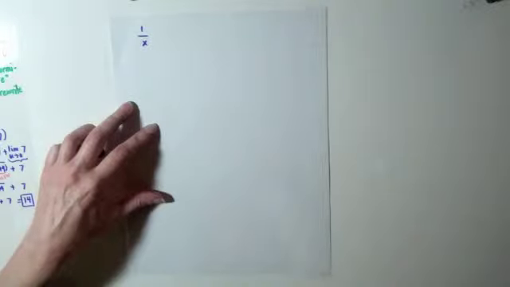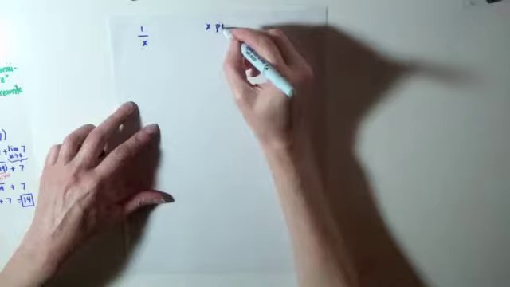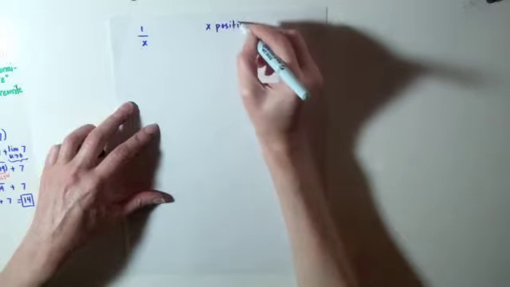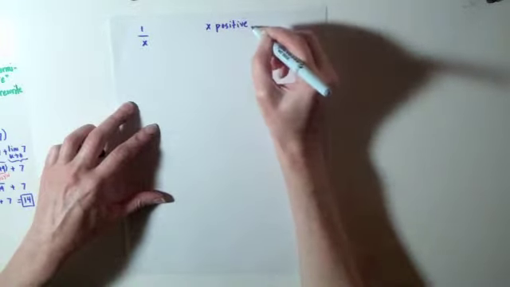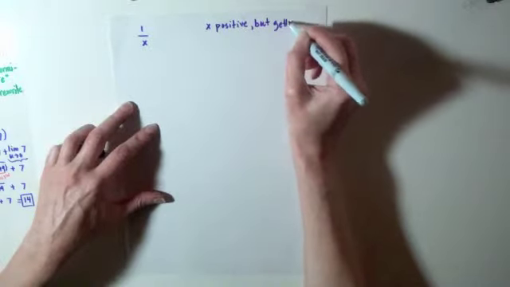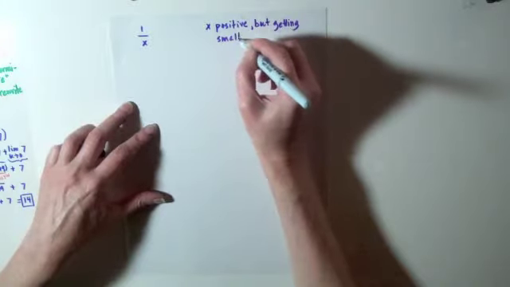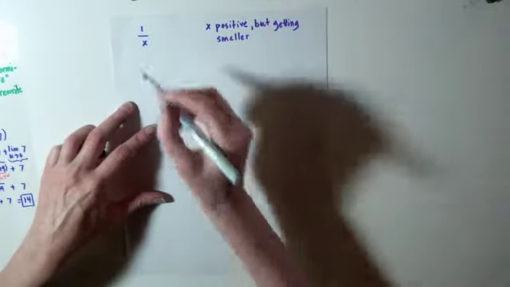And for the time being, I'm going to insist that x be something that is positive, and I'm going to allow it to get smaller. I'll say positive, but getting smaller.